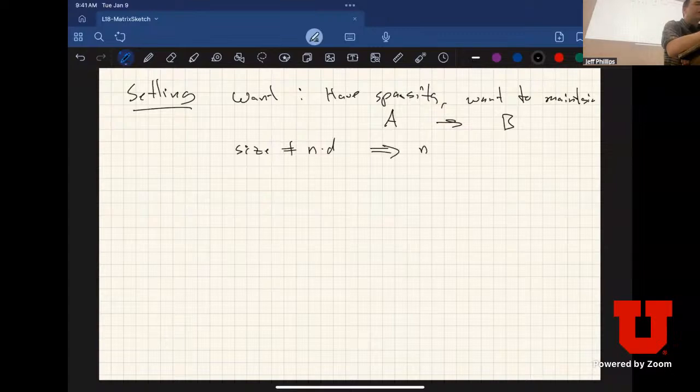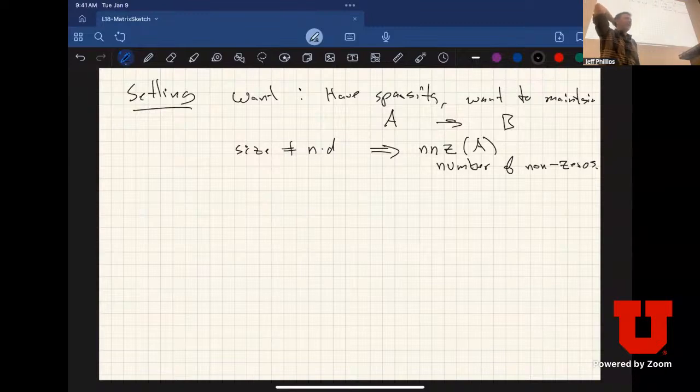Rather, it's what's called nz of A, which is the number of non-zeros, and this is often dramatically less than n times d. Okay, so I want B to kind of reflect the number of non-zeros in A. I don't want it to be bigger than nz, and I don't want an intermediate representation that becomes very dense, starting from a very sparse representation. Okay, so this is one property.